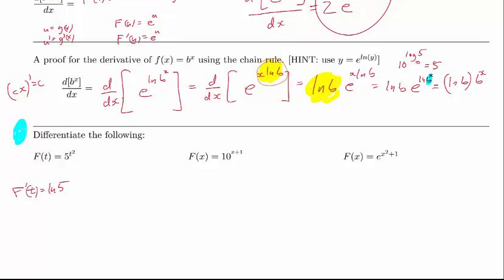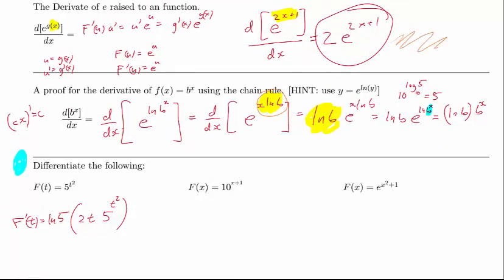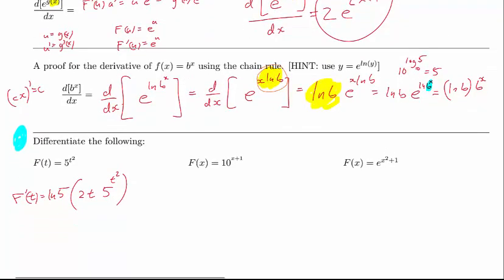All right, that's good. And then we're going to follow the normal rules for this guy. So first we're going to say 2t times the base 5 raised to the t squared. So note that we didn't discuss it over here, but we're simply following the same guidelines as we have up here.